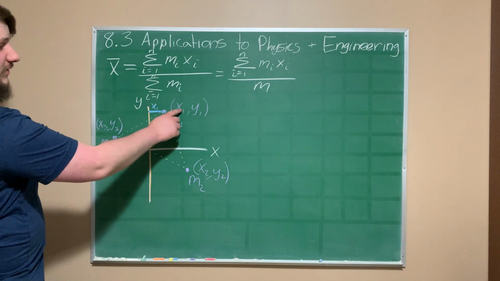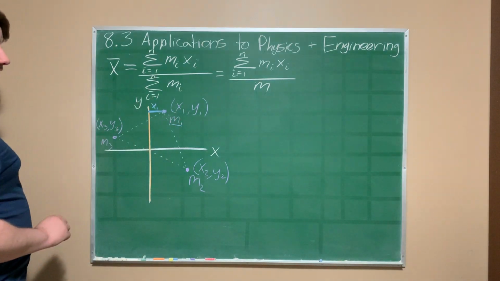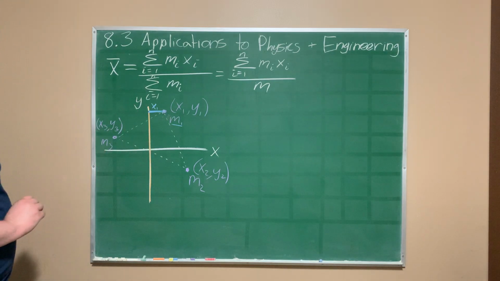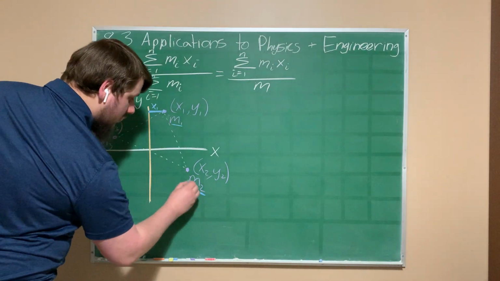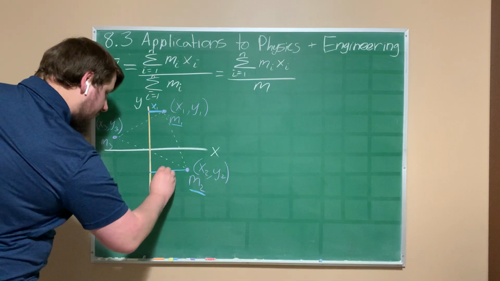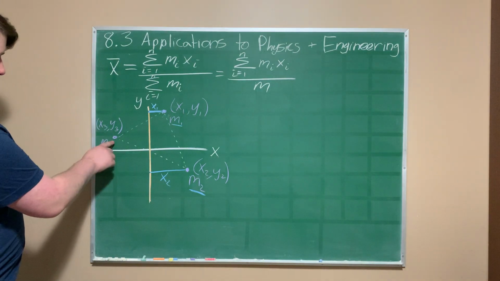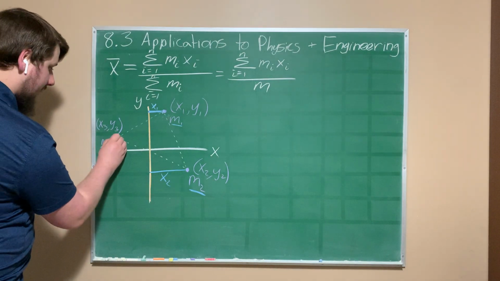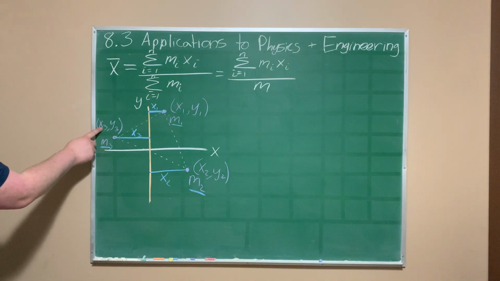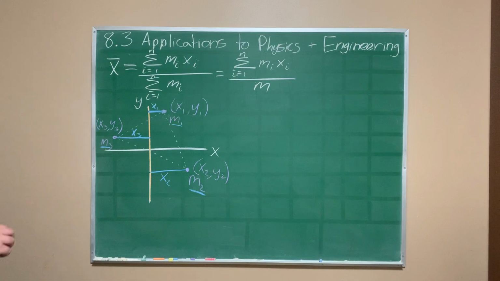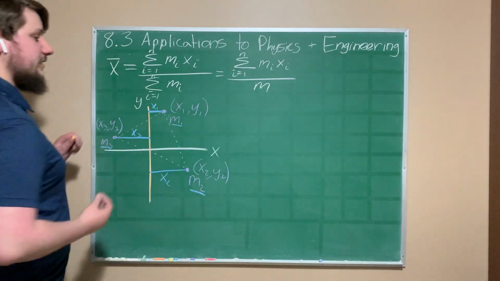And so the moment of this first point with respect to the y-axis is going to be m1 times x1. Okay? Then the moment of the second point with respect to the y-axis is calculated almost the same way. We'll take m2 times this horizontal distance, which is now x2. And over here, we'll take m3 times this horizontal distance, which is x3. And because x3 here is negative, it's going to count negatively, and it's going to counterbalance these other guys.